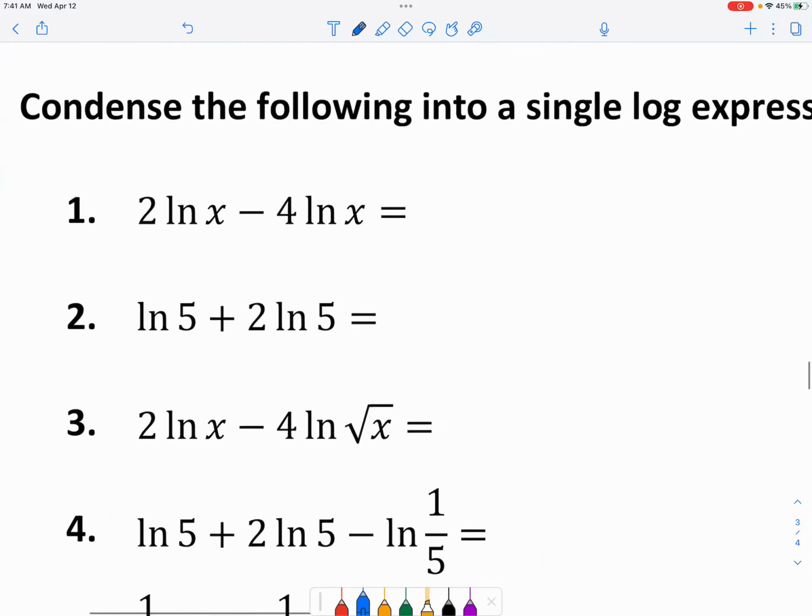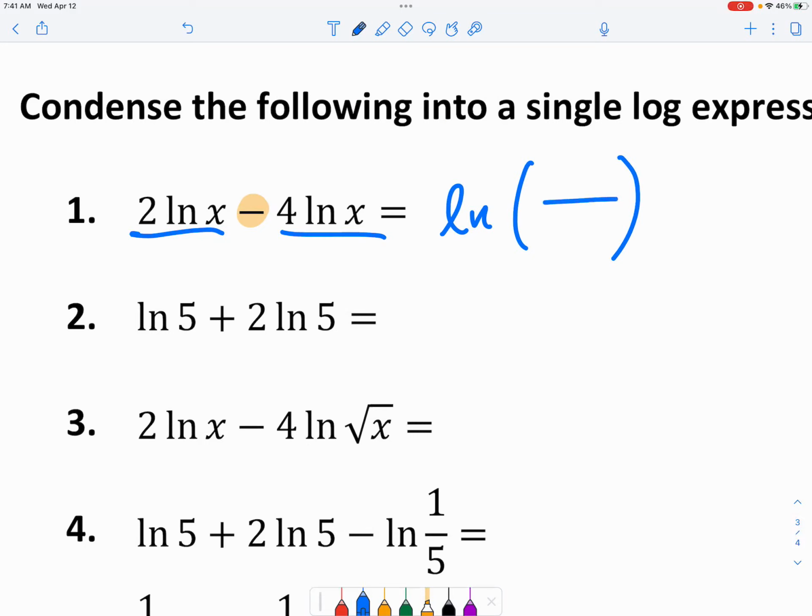So if you look at number 1, for example, how do we combine those two logs together? We have two logs, and they are subtracting each other. So you combine them together, and that becomes what over what?